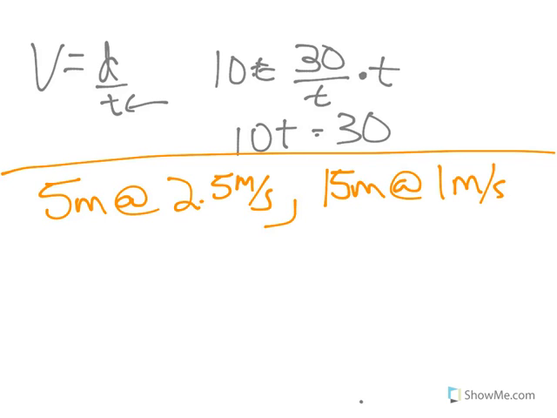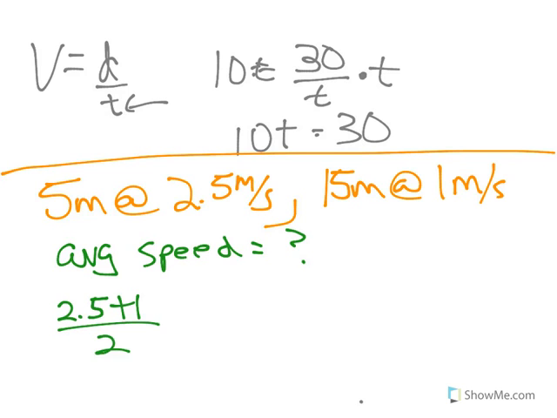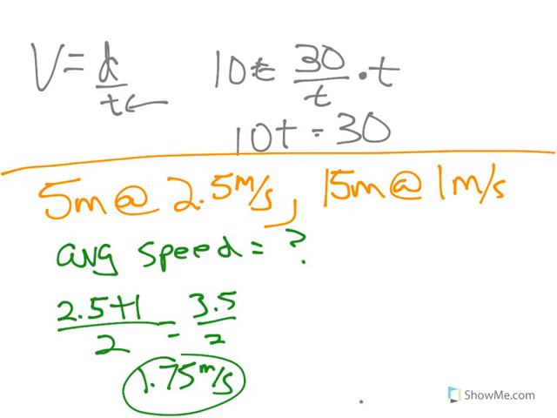This tends to get people because what people want to do, if I ask you for the average speed, is they want to just go 2.5 plus 1 divided by 2 is equal to 3.5 divided by 2, 1.75 meters per second is the answer.